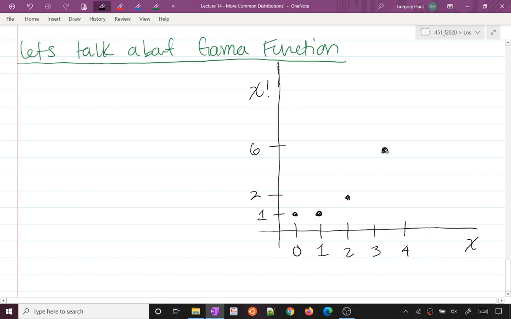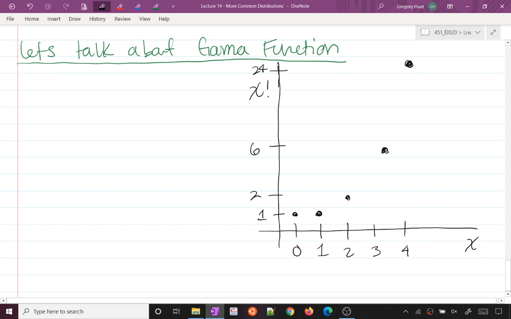My scale is not quite correct. So if you plot factorial, obviously it's a really fast increasing function. And factorial is only defined for integers. We don't really have a definition of what 1/2 factorial or 2.2 factorial is. It's only defined for integers.